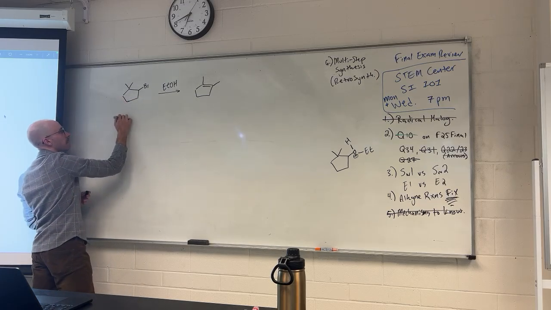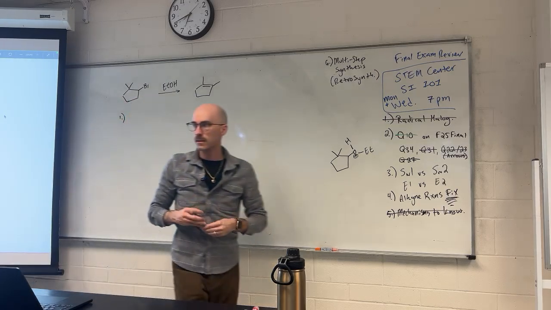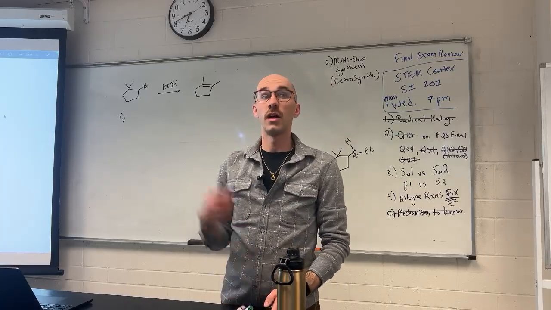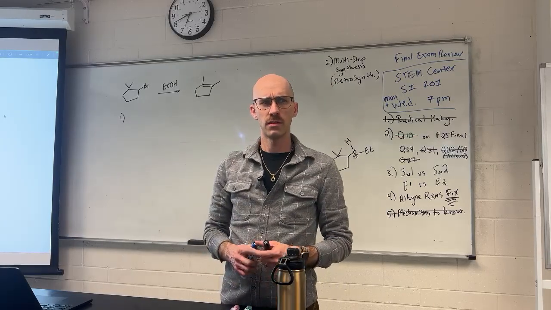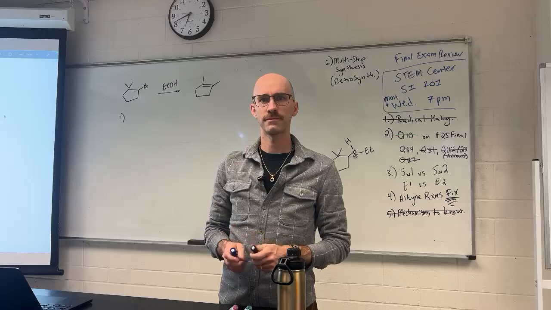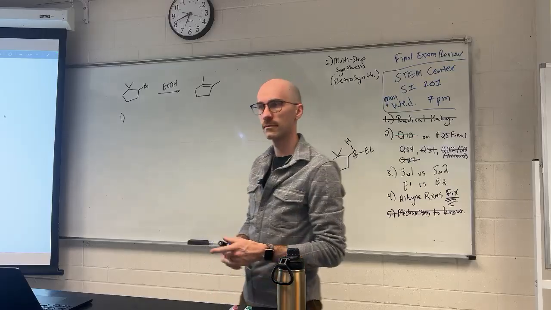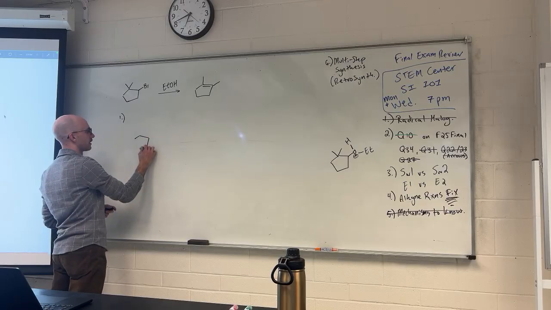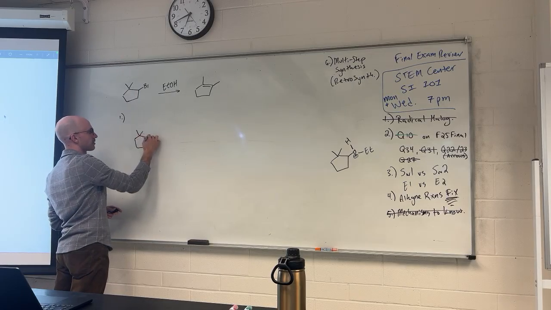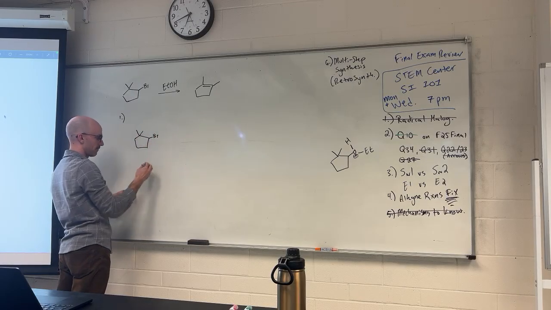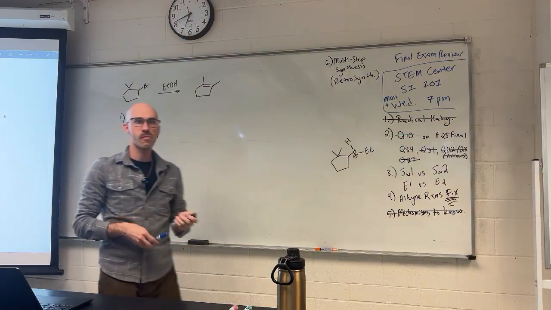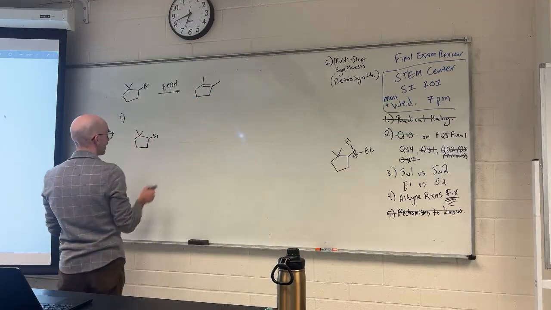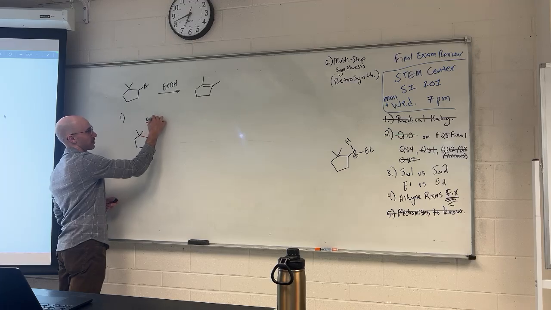Anybody? Bromine leaves. Leaving group leaves. Another way of describing that first step? Instead of saying leaving group leaves, anything else I could use to describe what happens in the first step? This step is not an acid-base reaction, unfortunately.